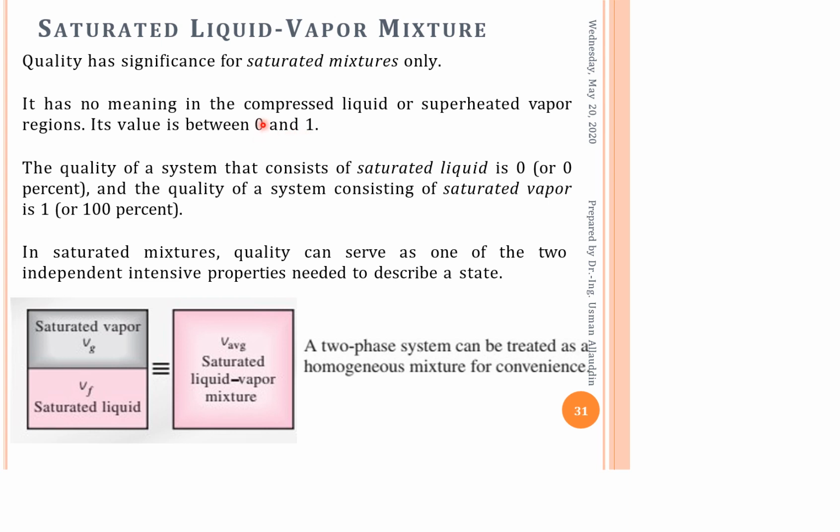We can consider 0 as 0% and 1 as 100%. So in a saturated mixture, our value actually varies between 0 and 100%. But at the start, in compressed liquid, the value is 0, and at the end, in the superheated vapor region, our value is 100%, because it is 100% converted into vapor.